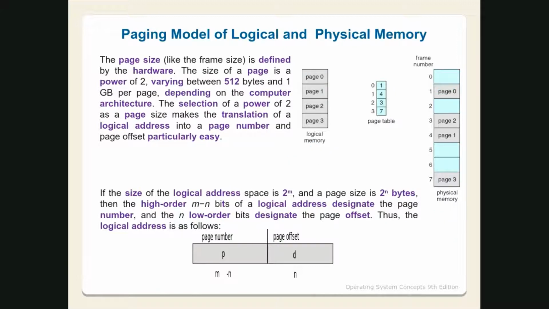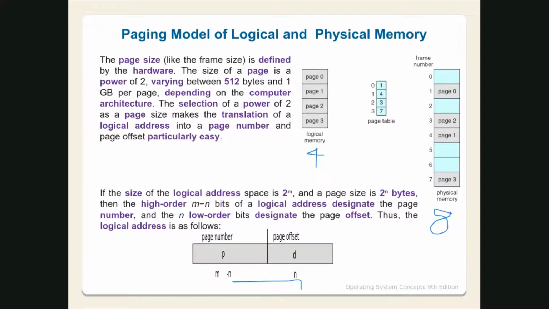So let's see this example in this slide. You have 4 pages here, and 8 frames in this physical memory. Let's say you are planning to refer to a page.